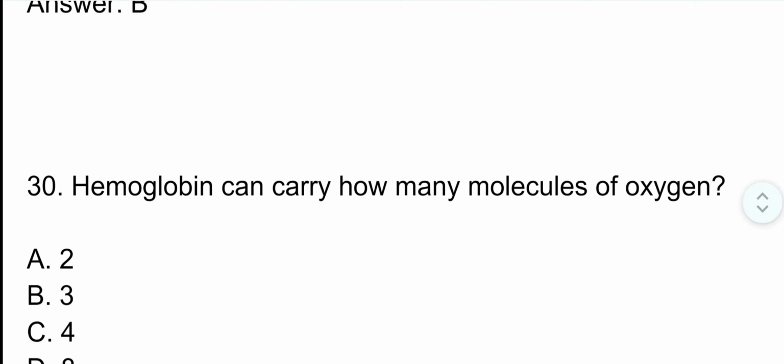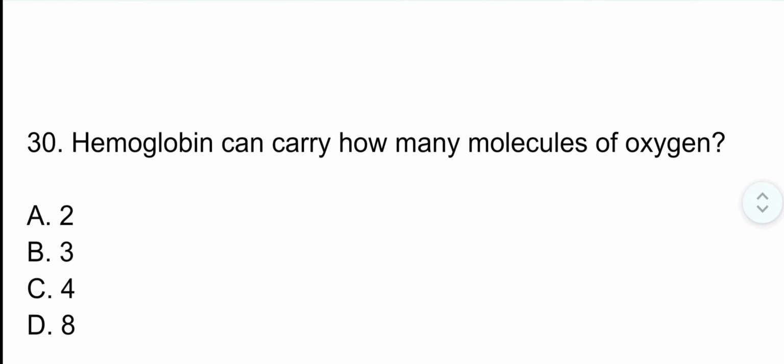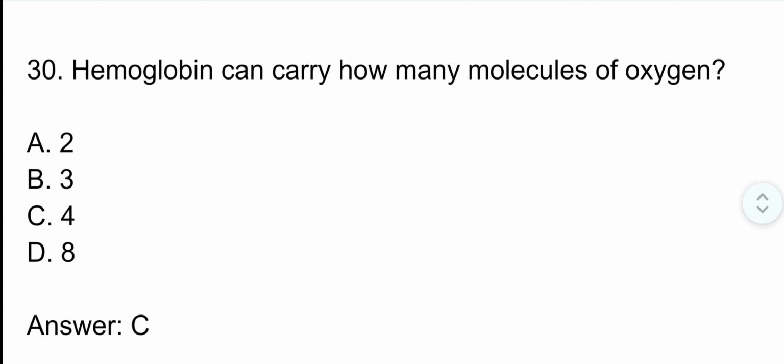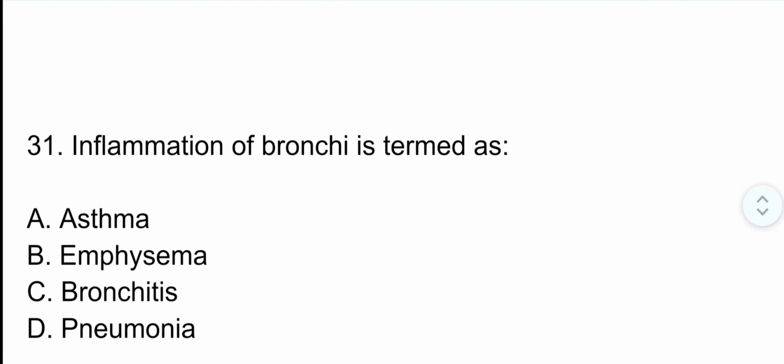Question number 13. Hemoglobin can carry how many molecules of oxygen? The correct option is option C, 4. One hemoglobin molecule can carry 4 oxygen molecules. Question number 31. Inflammation of bronchi is termed as.